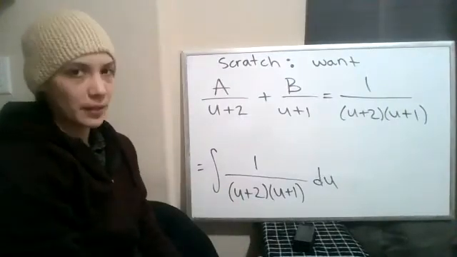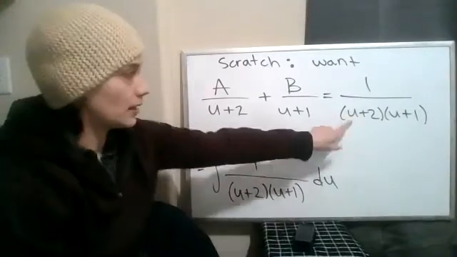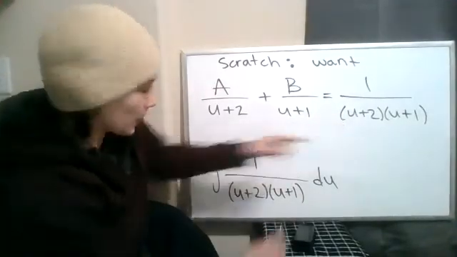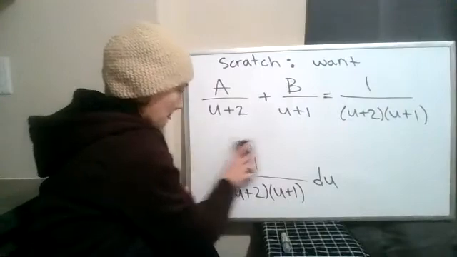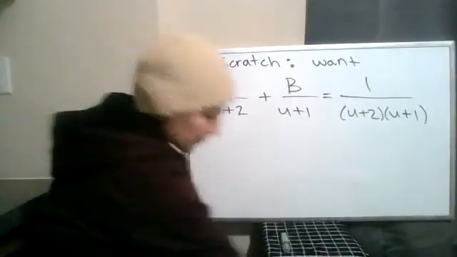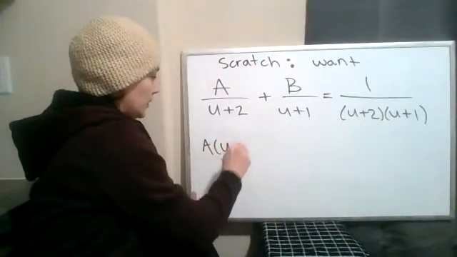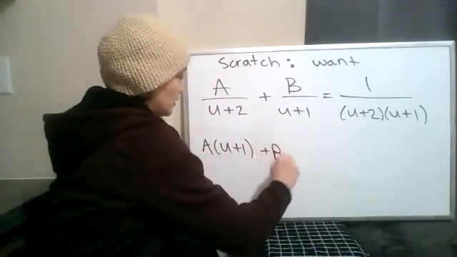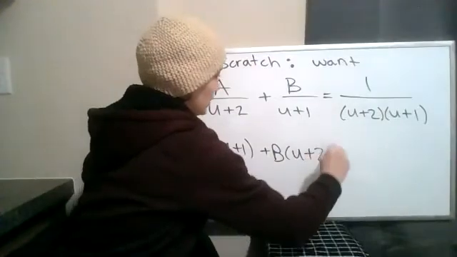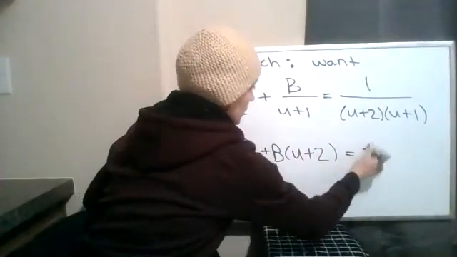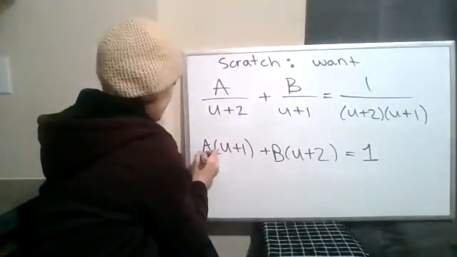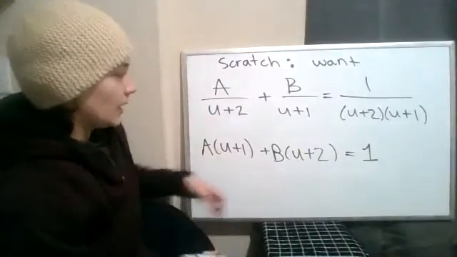Multiply both sides by the LCD, this denominator here, to get a times u plus 1 plus b times u plus 2 equal to 1.